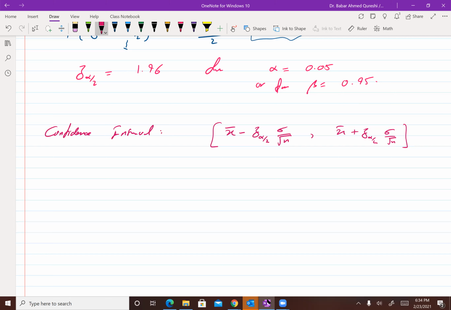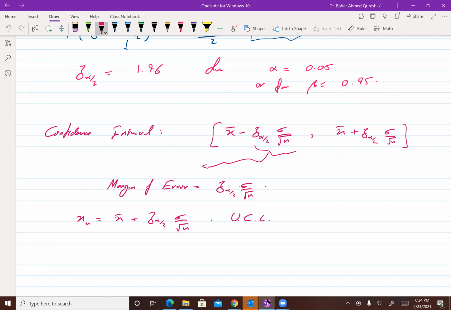And this part, you just give it a name. This is called the margin of error. And this number is called the upper confidence level. And this number is the lower confidence level.